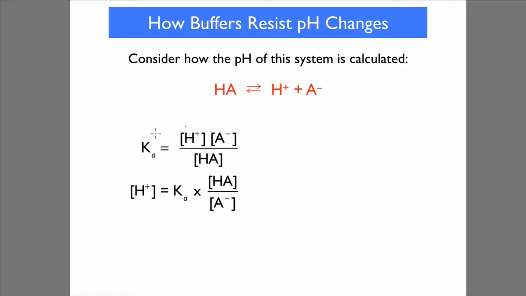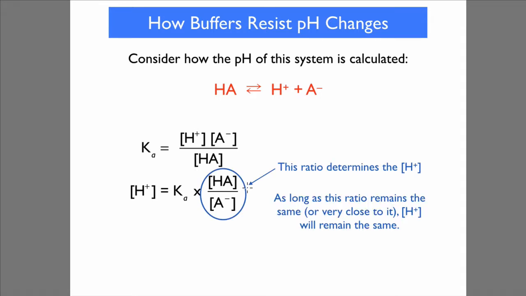If we rearrange it, we can see, given that this is a constant at a particular temperature, that the concentration of the hydrogen ions, and consequently the pH of the system, is to do with the ratio of the molecule and the anion. As long as this ratio remains the same, or very close to it, the concentration of hydrogen ions will remain the same.